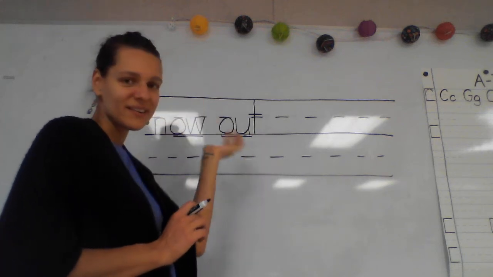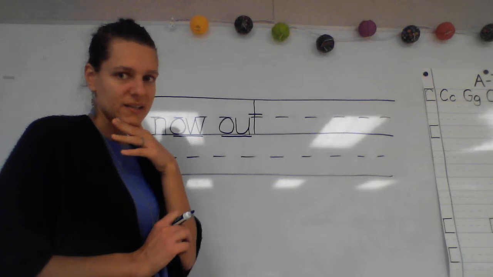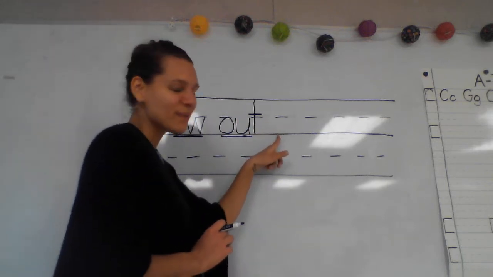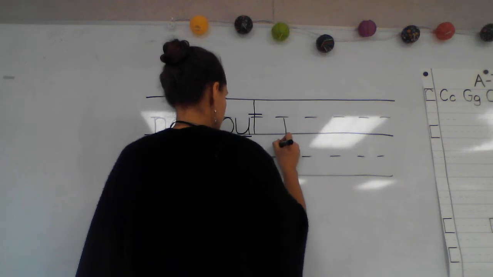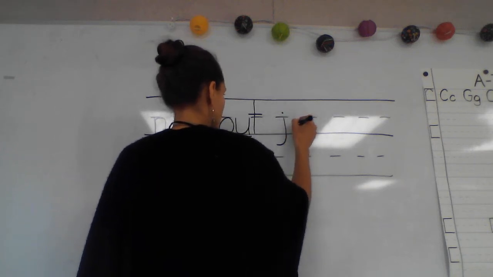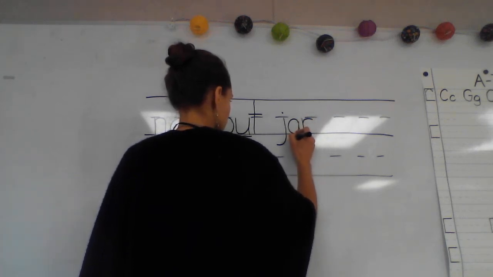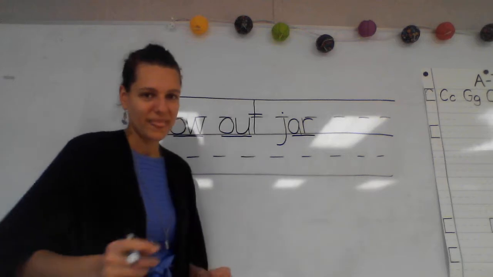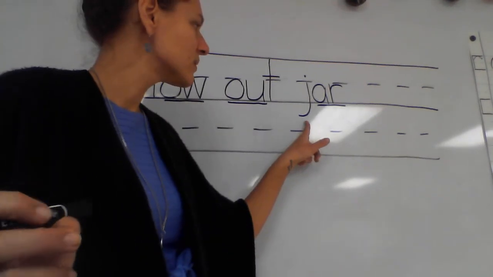Oh, and remember, I hope you're remembering to leave clock spaces because I'm forgetting to remind you. All right, what do I need to write to spell jar? Good, J. Good, R. All right, let's read the word we just wrote.